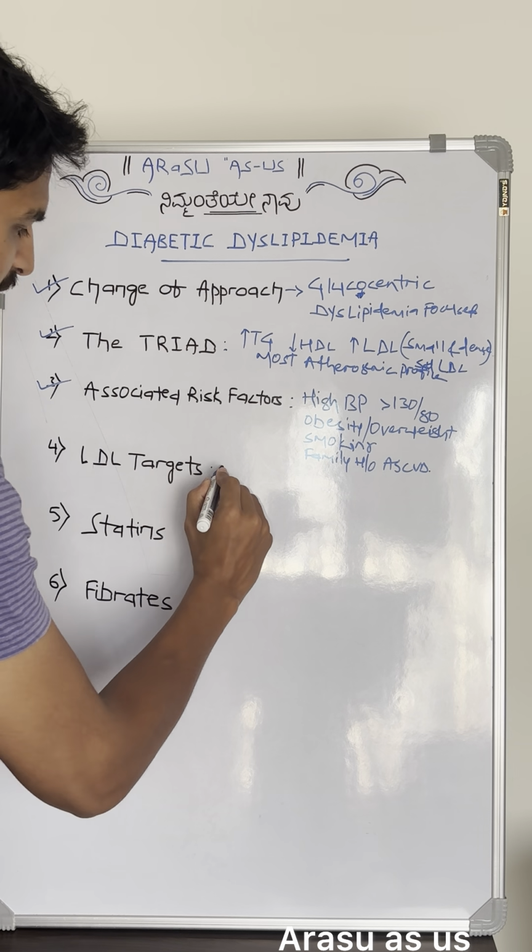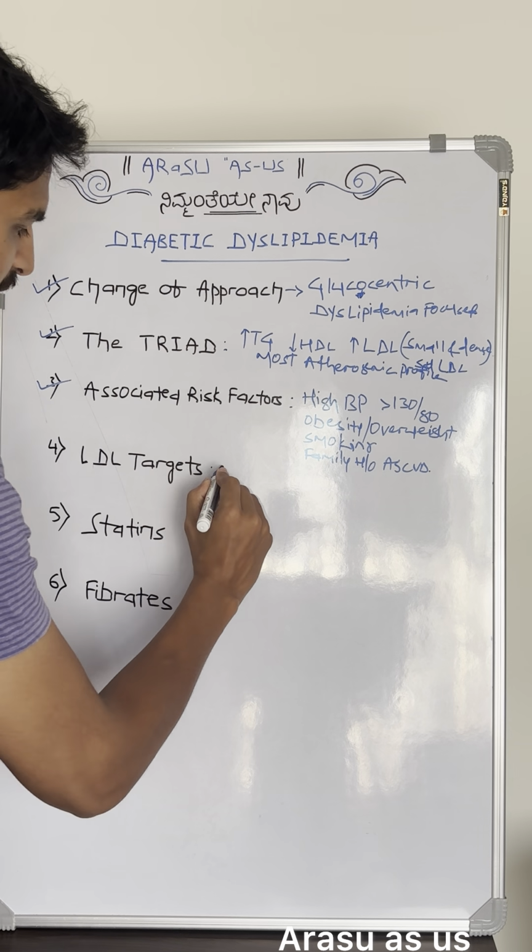If we are using rosuvastatin, 5 to 10 mg is considered moderate intensity. Coming to high intensity, atorva 40 to 80 mg is a high intensity statin, and rosuvastatin 20 to 40 mg is considered high intensity.